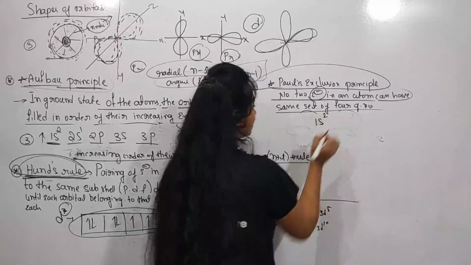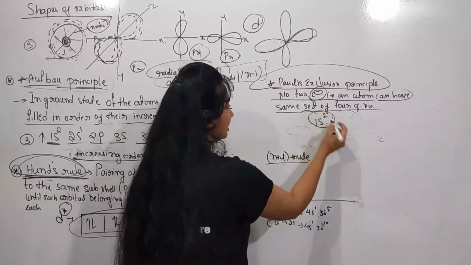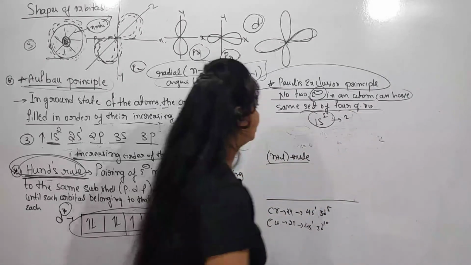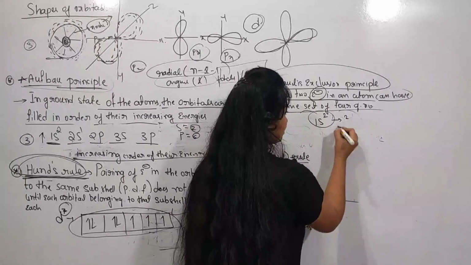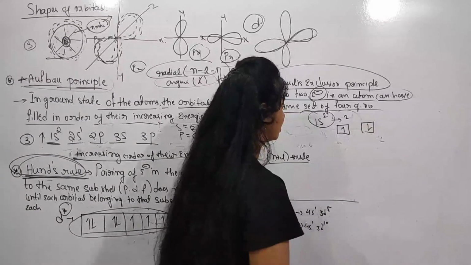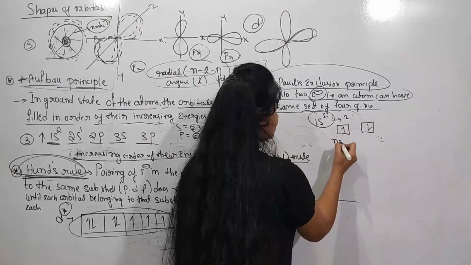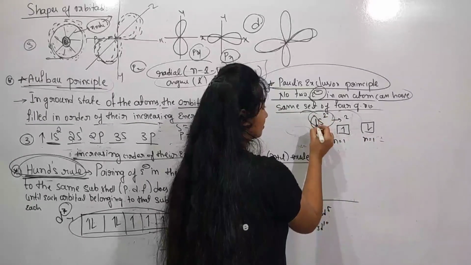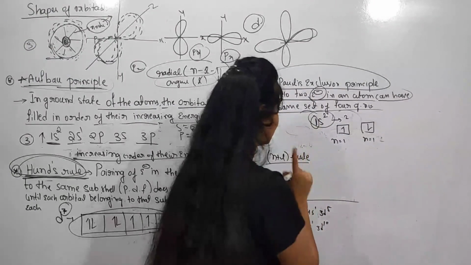I have 1s2: in the 1s orbital I have 2 electrons. For these 2 electrons I write the 4 quantum number values. The n value is 1 because they are present in the same main shell.